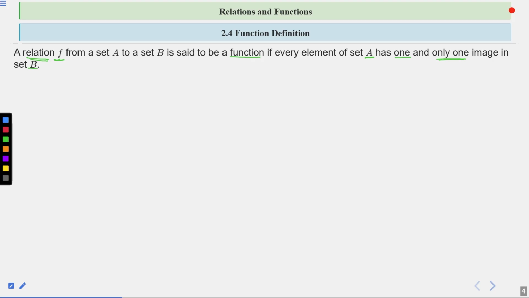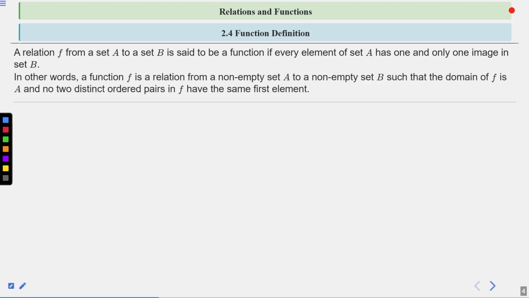So, in other words, a function is a relation from a non-empty set A to a non-empty set B such that the domain of your relation F is the complete set A, and no two distinct ordered pairs in F have the same first elements. Clear? So this is your function definition in words.